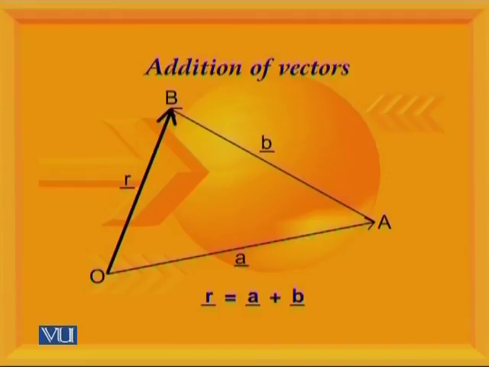So therefore the vector R is equal to vector A plus vector B.